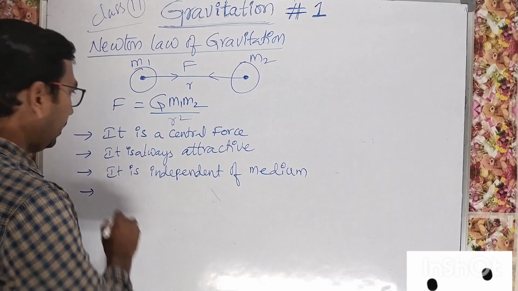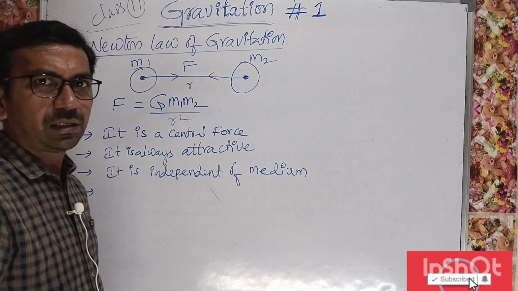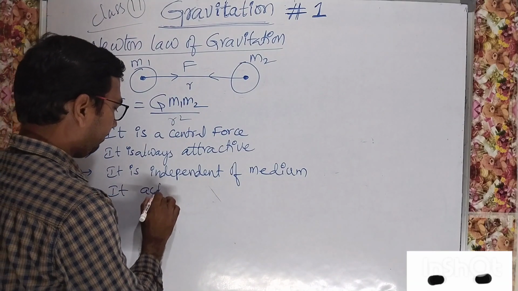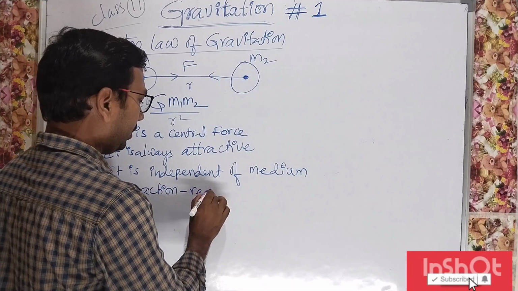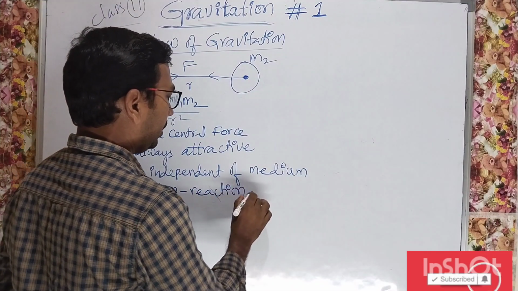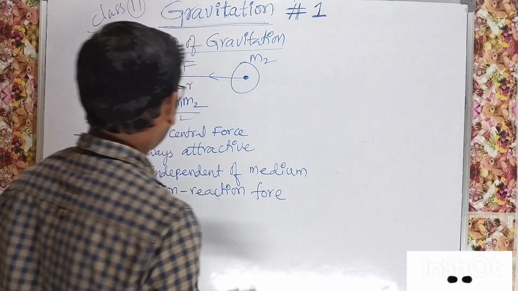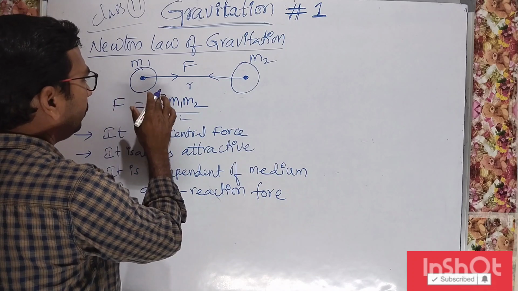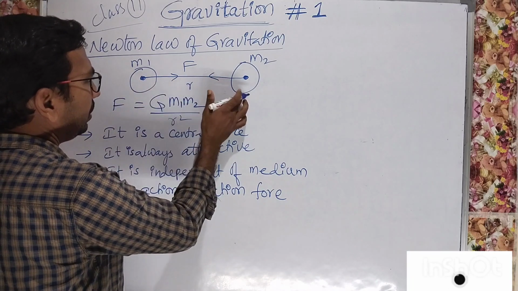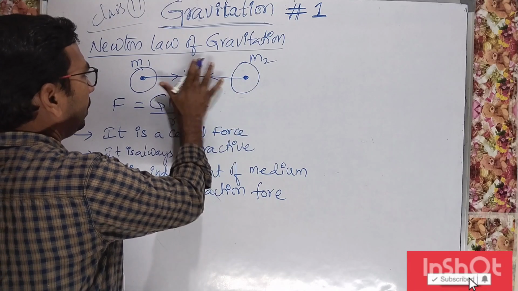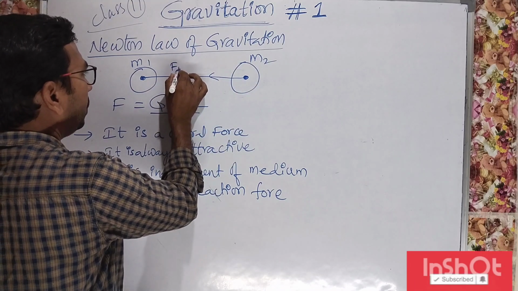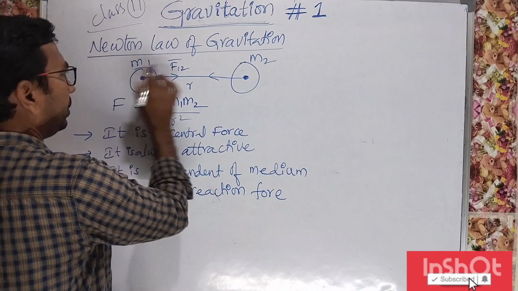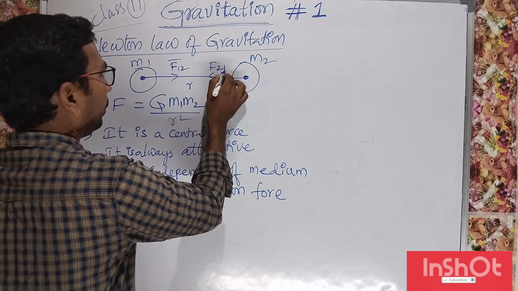Next, it is an action-reaction force. Suppose this is body 1 and this is body 2. The gravitational force on the first body due to the second is F12 bar, and the gravitational force on the second body due to the first is F21 bar.